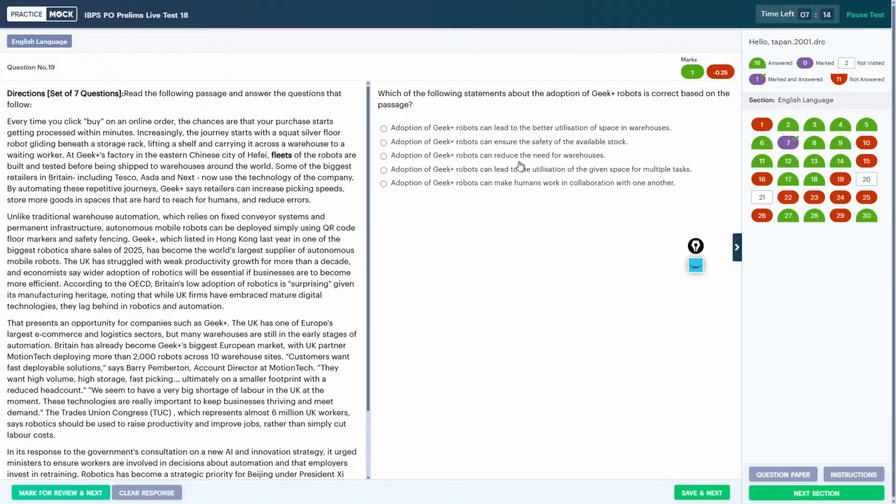No, not necessarily reduce the needs of the warehouse. No, can lead to the utilization of the given space for multiple tasks. What's the difference between this and the first? Leads to better utilization of space in the warehouse. It is a given space for multiple tasks.